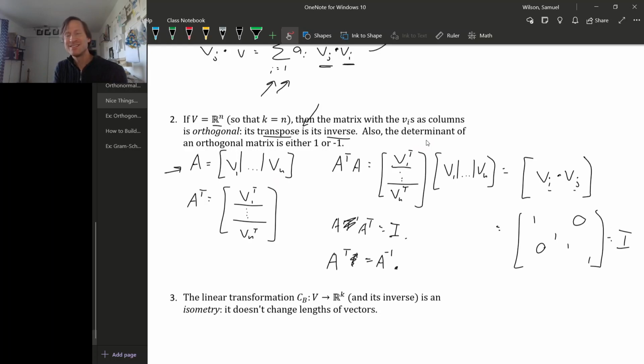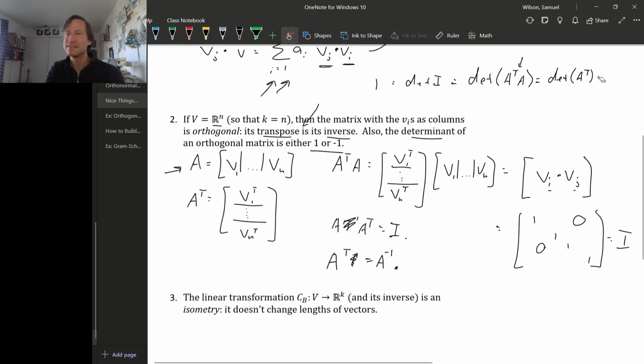Now let's see why the determinant of an orthogonal matrix has to be plus or minus 1. Let's think about the determinant of A transpose A. We just said that A transpose A is equal to the identity because A transpose is A inverse. So this is the determinant of the identity matrix, but that's 1. But in the determinant of A transpose A, we have a product. And one of the key things about the determinant is that the determinant of a product is the product of the determinants.